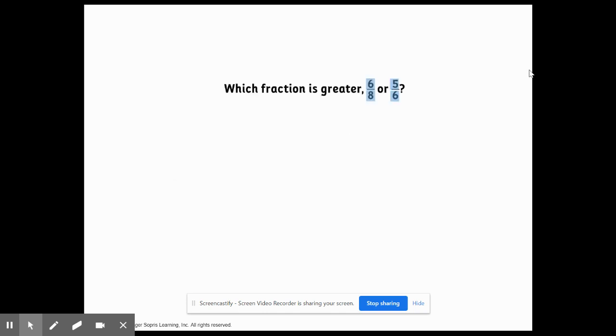The fractions we've compared so far have either had the same denominator or the same numerator. Consider the fractions 6/8 and 5/6. These fractions have different numerators and different denominators. Each fraction's numerator is close to its denominator, so both fractions are close to 1.